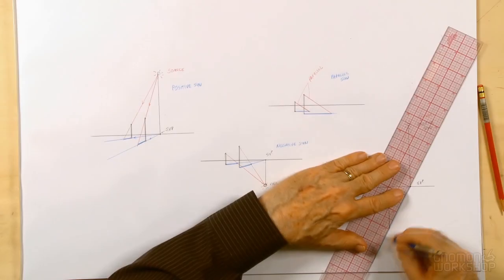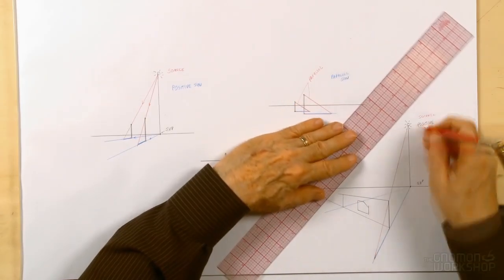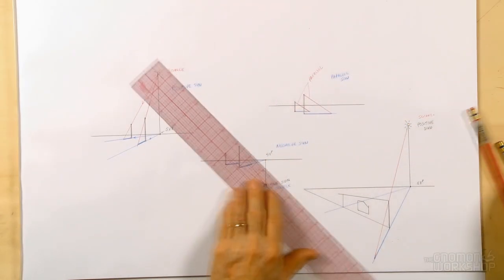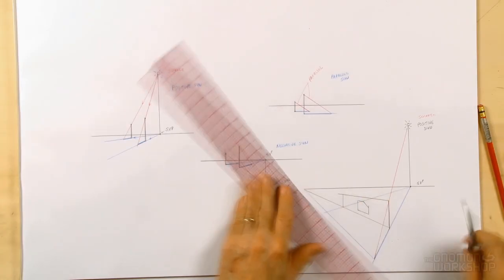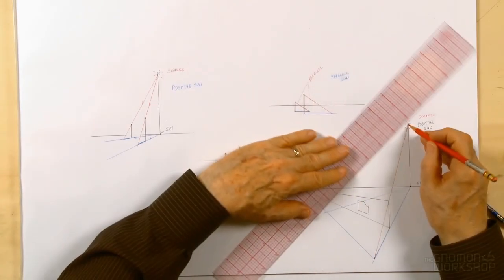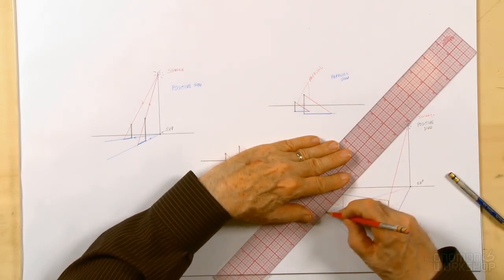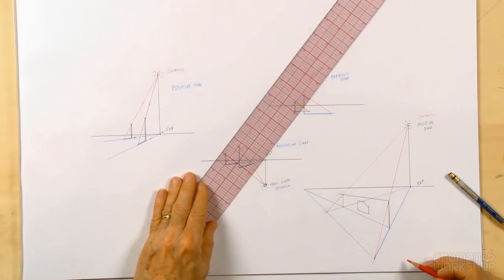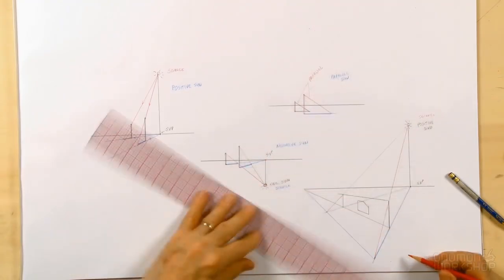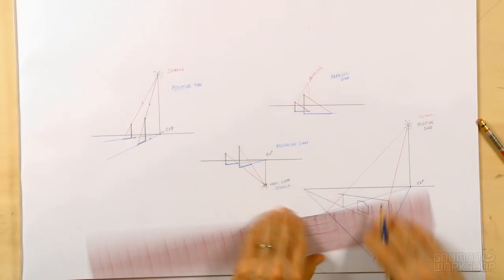Now, on this other one over here, I really don't need to do this. Actually, if I want to complete the shadow, I could just draw from this point to the vanishing point like that. But let's check it out anyway by drawing from the positive sun through the top of this imaginary pole. You can see it gives me the shadow over there. So you see the shadow of the wall, the outer shadow of the wall, is outlined right here.